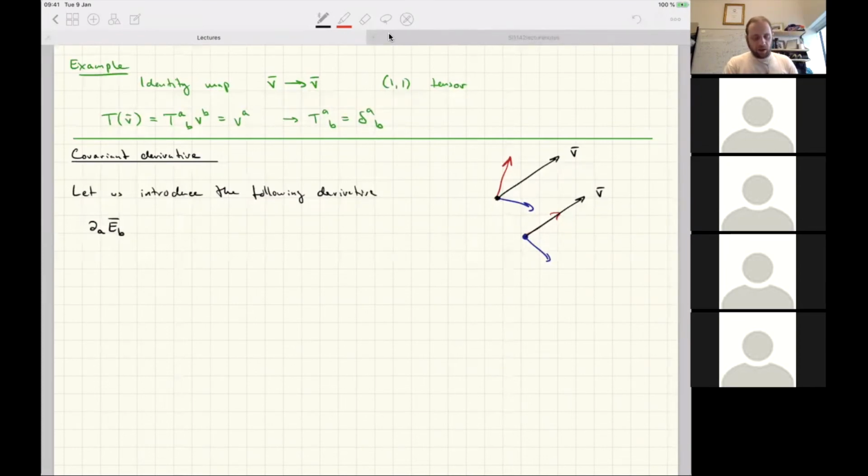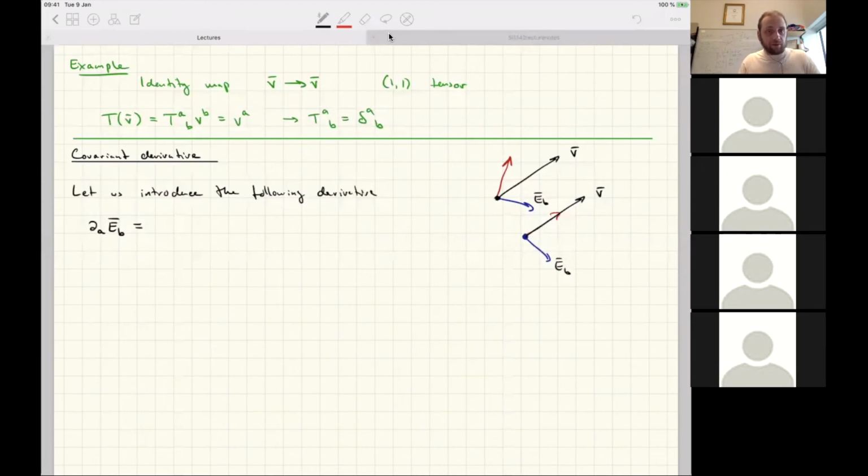Now, EB is a tangent vector field. It depends on the point where I am, and I'm just differentiating that with respect to chi A. So what I'm getting back is a new vector field, telling me how this vector EB changes with the point. Say, for example, if EB is this blue vector here, it's going to change from one point to another.